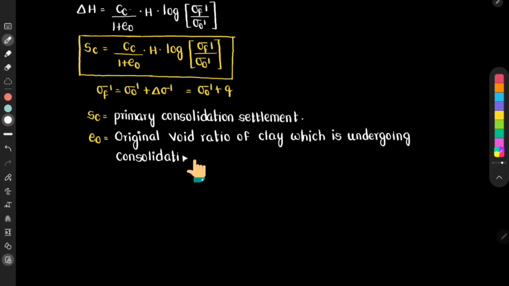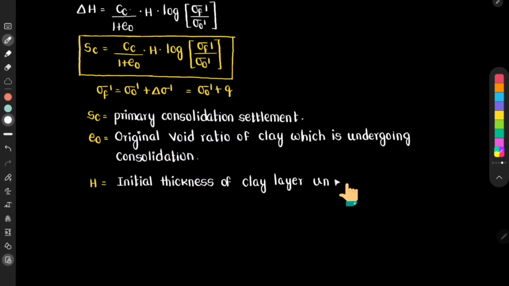Then what is H? H is the initial thickness of the clay layer undergoing consolidation.